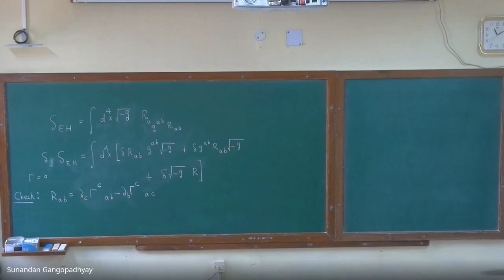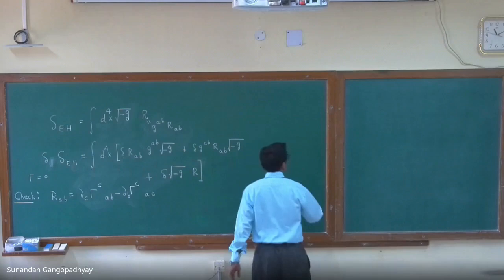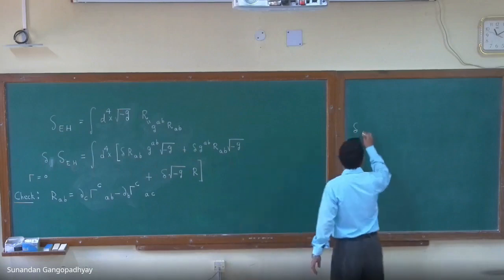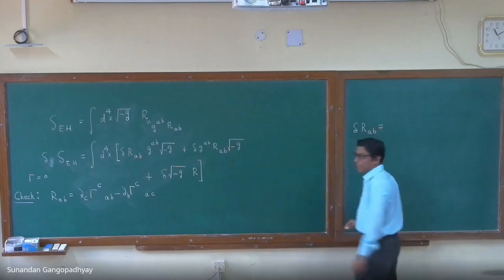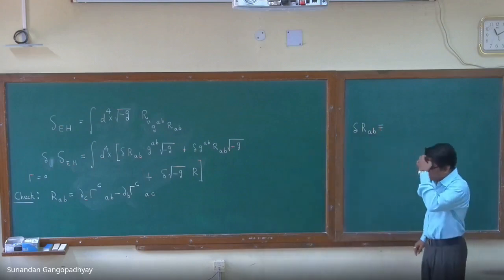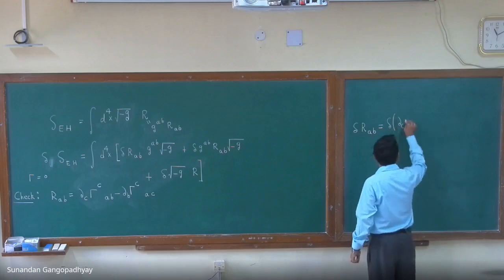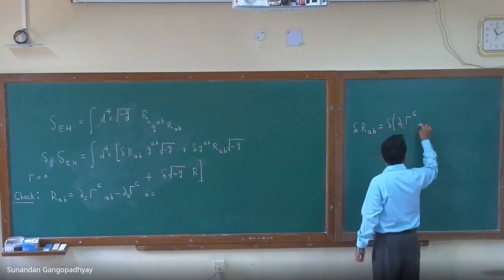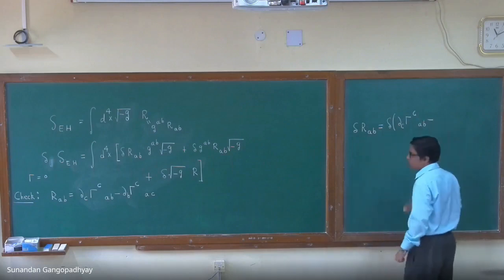But what do we need to calculate? We need to calculate delta R_{AB}. So let us do the calculation on this side of the board. Delta R_{AB}, right?